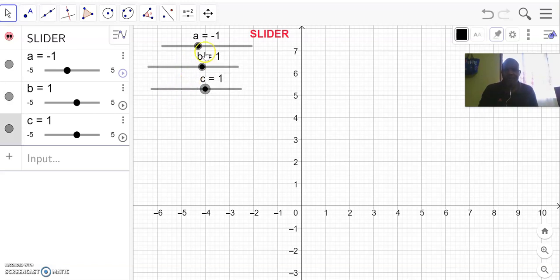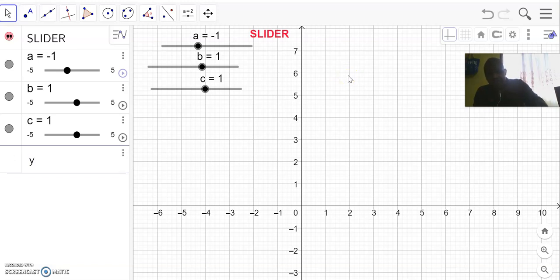So these sliders now have to be connected to the function that you're going to write here. So what is our function? I'm going to use a vertex function. Y is equals to, let me just use y is equals to, so that I can have the connection.